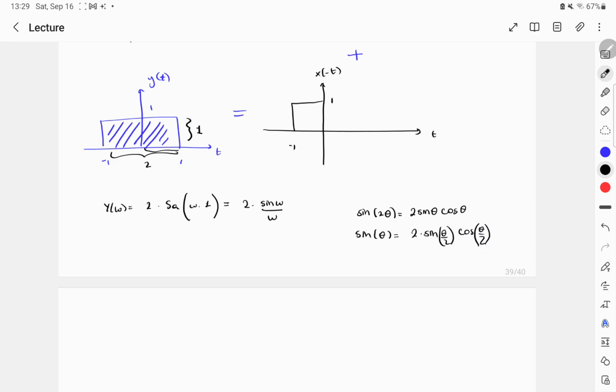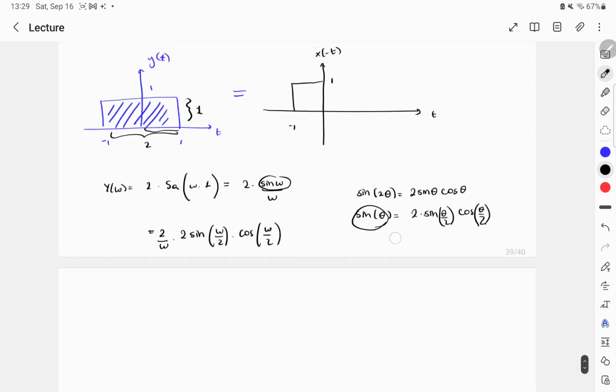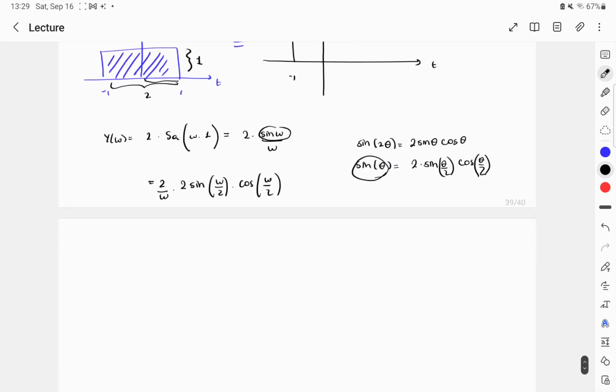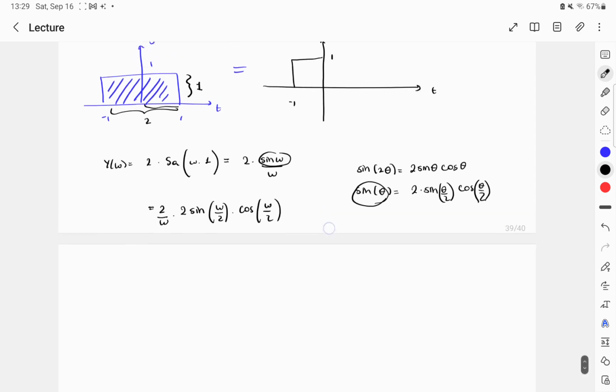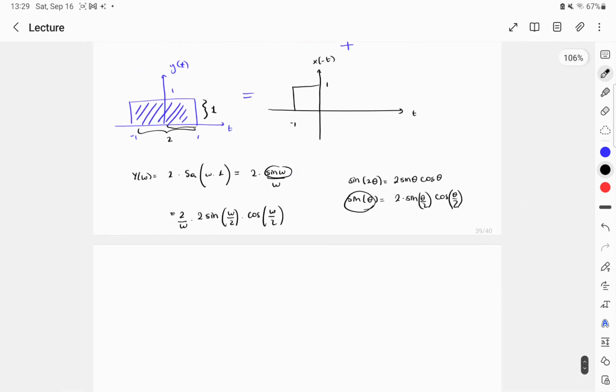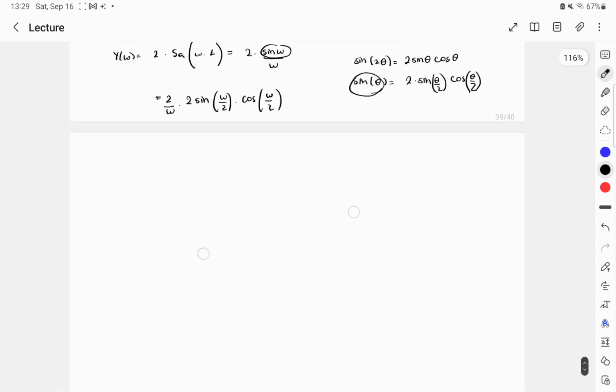And then we can write this similarly here. This one equals 2 times, we have the omega here, and instead of sine omega, we will use this equality and write 2 sine omega over 2 cosine omega over 2. And that's it. We can play with it and also have other equalities, but this is the main point which I wanted to illustrate. And now let's move on to the next example.